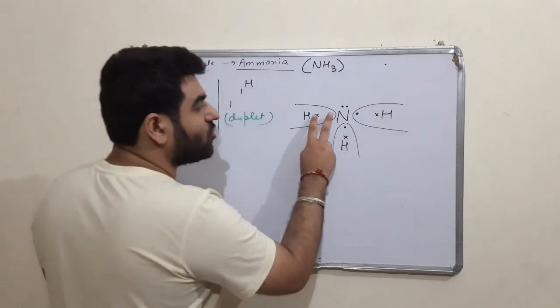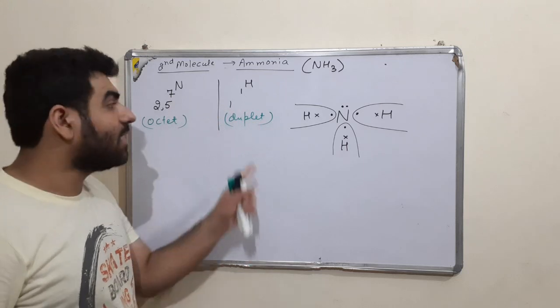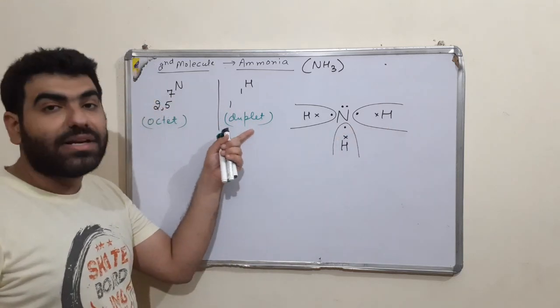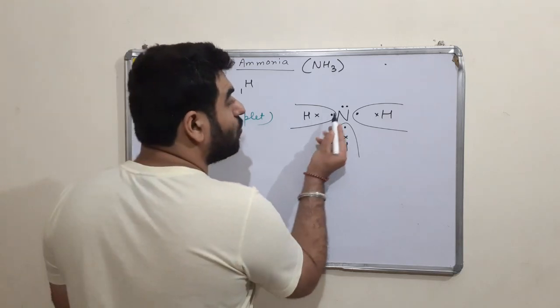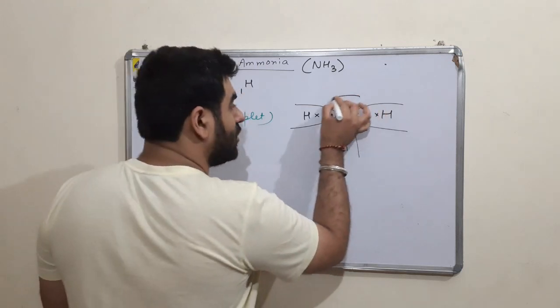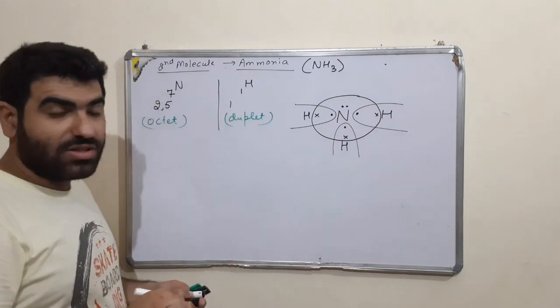So how many electrons? 2, 2, 2. So it means each atom of hydrogen has completed its duplet. Let us talk about nitrogen. 1, 2, 3, 4, 5, 6, 7, 8. Nitrogen has also completed its octet by sharing the electrons.